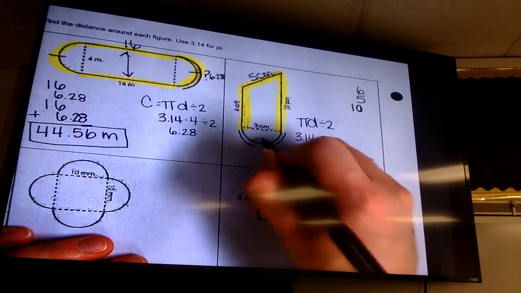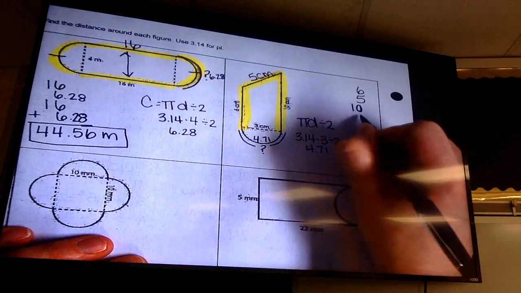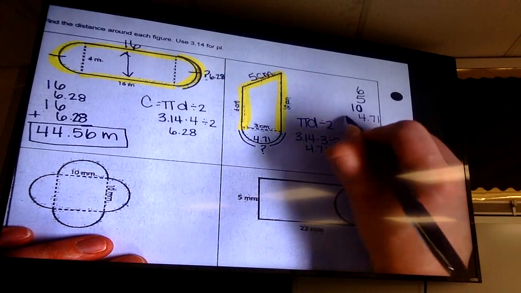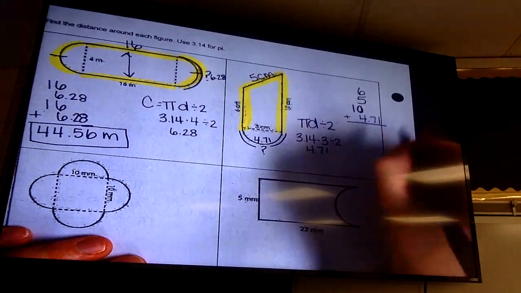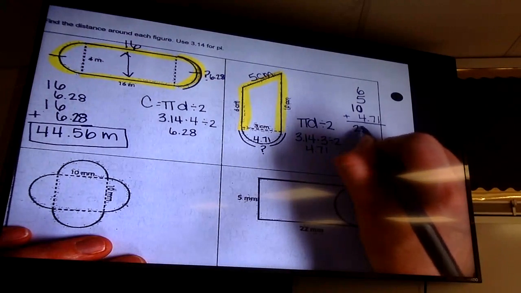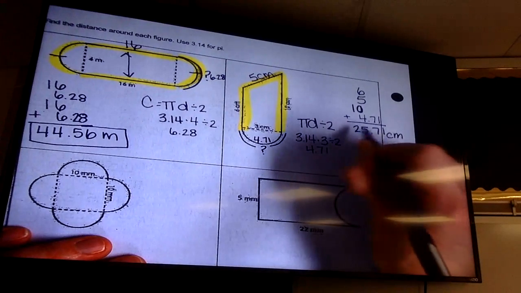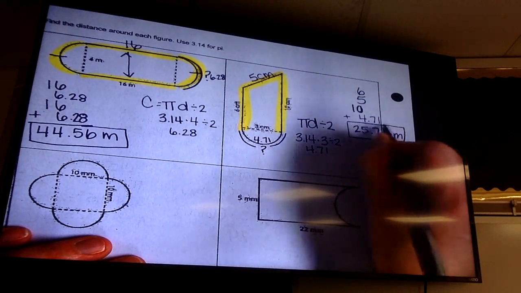And when I do that, I get 4.71. So I know that's the last piece I have to add in. So if I add all of these together, I'm going to get an answer of 25 and 71 hundredths. That's my final answer, so I'm going to label it centimeters.